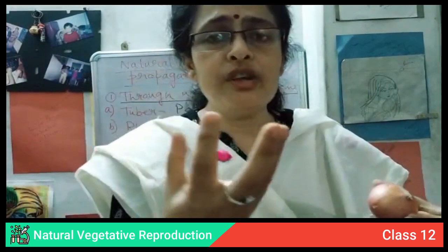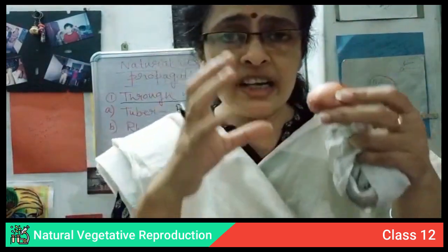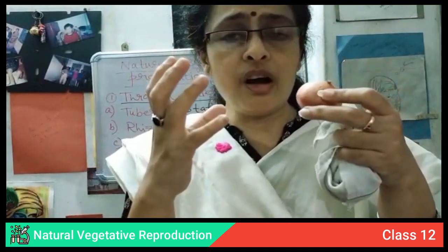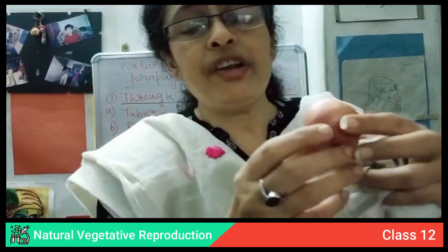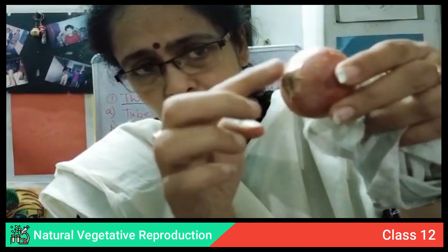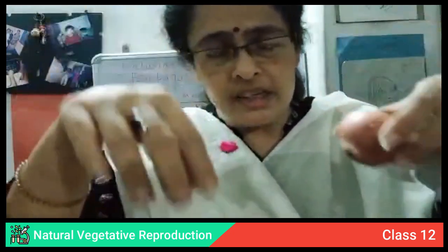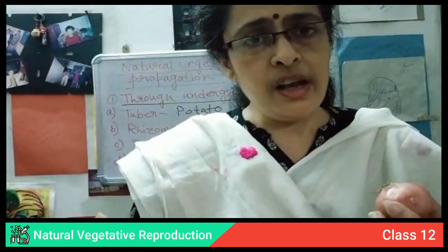If we cut the onion, the part which we eat is fleshy scale leaves, because food is stored inside the leaves. If we cut this part and keep it in the soil, a new onion plant will grow.